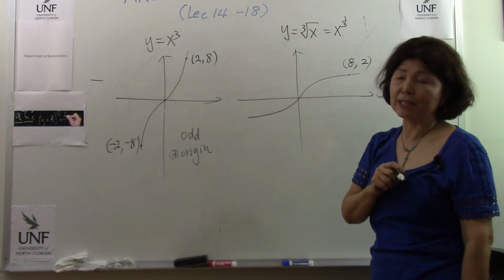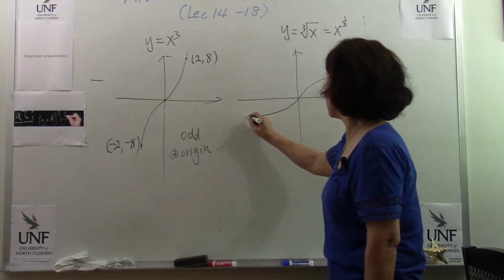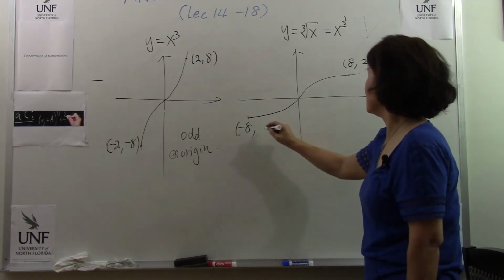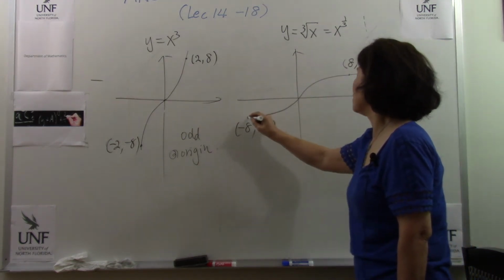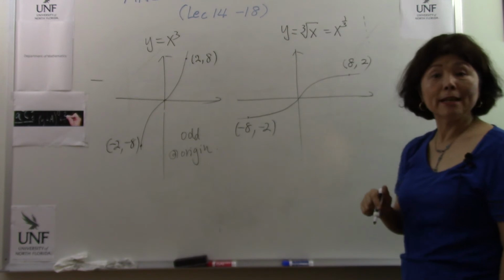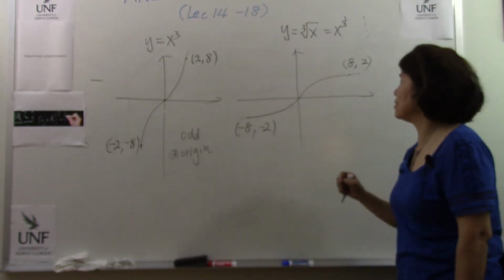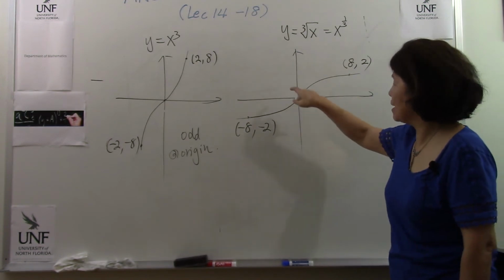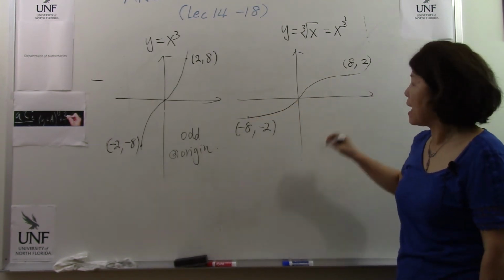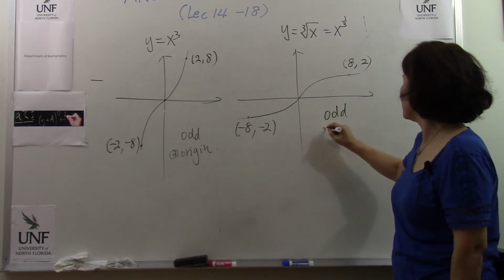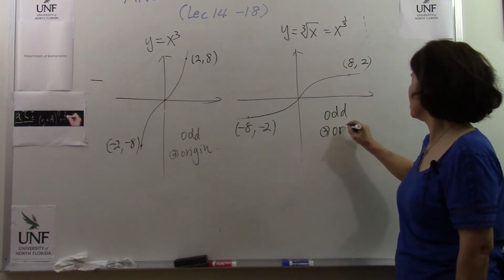Cube root of 8 is 2. So over here x is negative 8, and cube root of negative 8 is negative 2. So it has a relation like this. Whether it is vertically or horizontally stretched, this is symmetric about the origin. This is the same odd function, with symmetry about the origin.